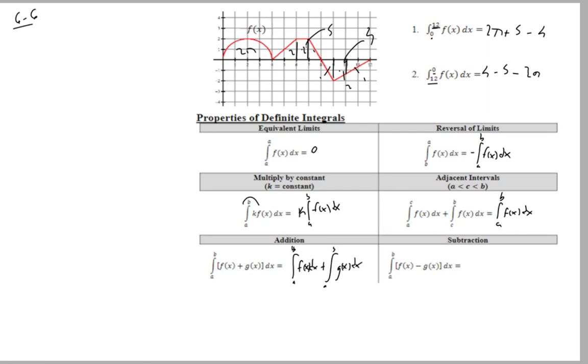The same thing would go for the subtraction one, except you would be subtracting the g of x: the integral from a to b of f of x dx minus the integral from a to b of g of x dx.